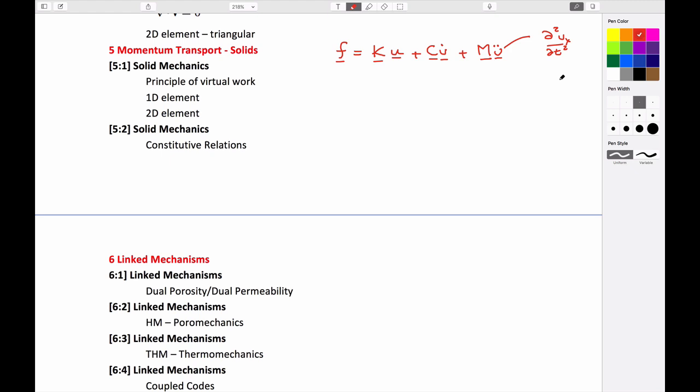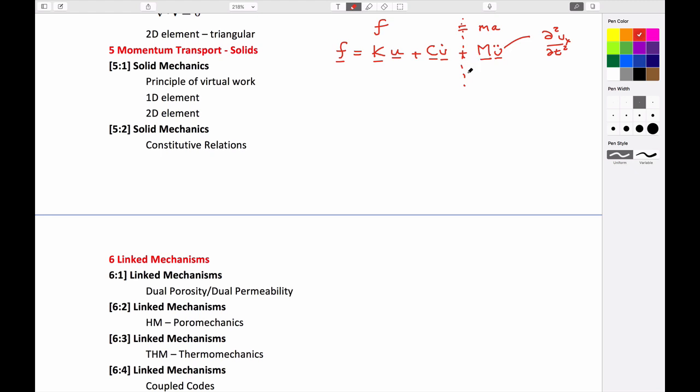The reason for dealing with this way would be that if you think about this in terms of Newton's law and draw this out here, this would basically be F equals ma. So this is the inertial term.